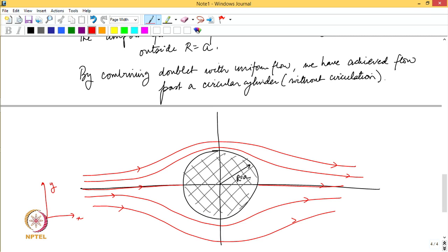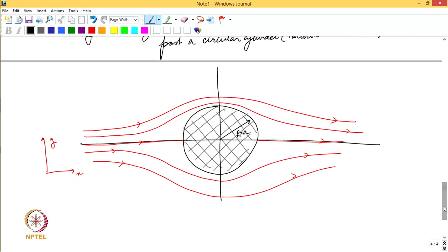Now, this is a very special solution, because what it predicts is that on this cylinder, since the flow goes over it and we have two coordinate axes x and y, the force along x is 0 and the force along y is also 0.